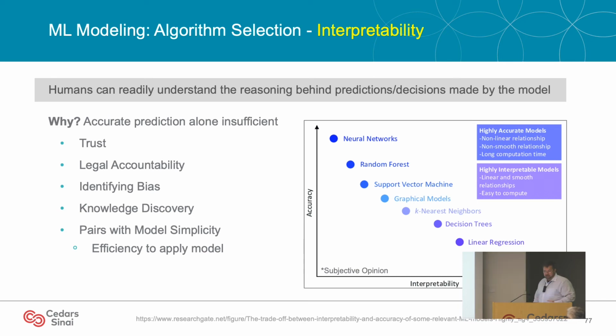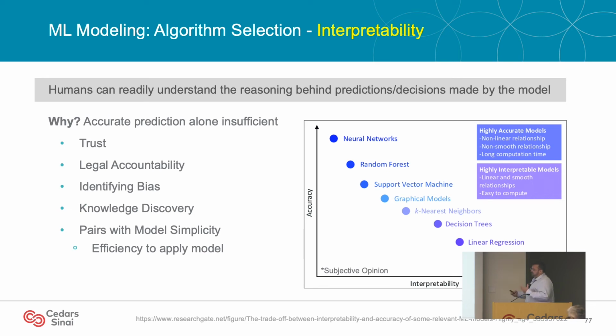This is to promote trust, and to address potential legal accountability for decision making. Importantly, to identify bias. How do we know if our model is making biased decisions if we don't understand how the decisions are being made? And knowledge discovery, if, as a researcher, we care about understanding more about diseases or these problems. So we need interpretable models.